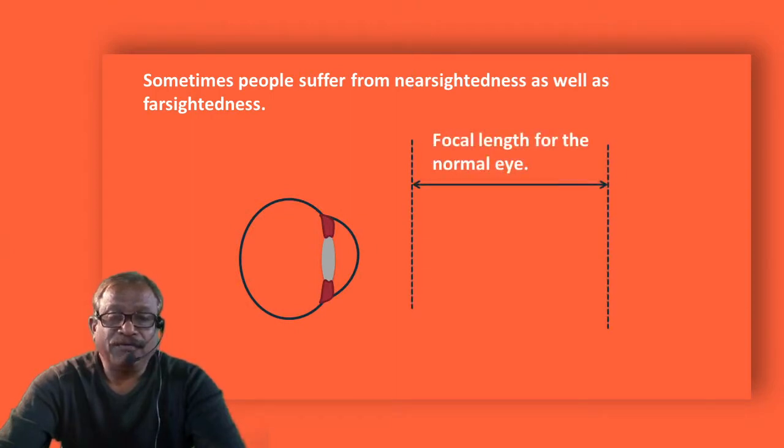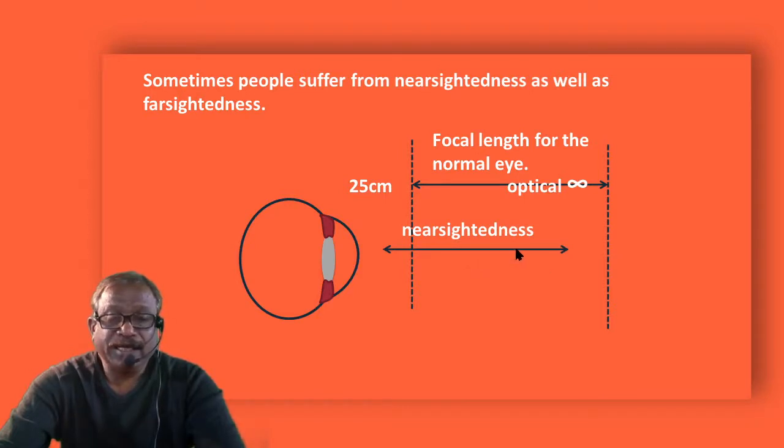So what happened to the focal length? We know that the normal eye can easily see all objects between 25 centimeter to infinity.